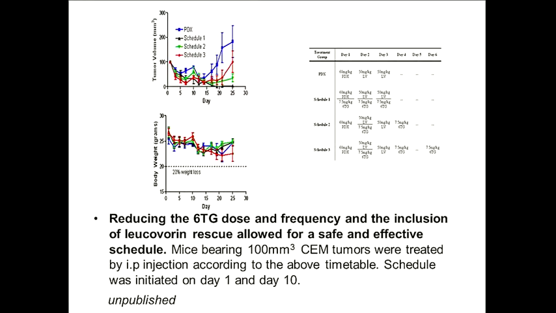So by looking at different dose schedules of 6-thioguanine and adding leucovorin rescue to the pralatrexate, we would then develop a safe and effective schedule in the CEM xenograft cell line. And I won't go through this with you, but basically by adding leucovorin and decreasing the schedule for 6-thioguanine, we could get great tumor regression without much toxicity.